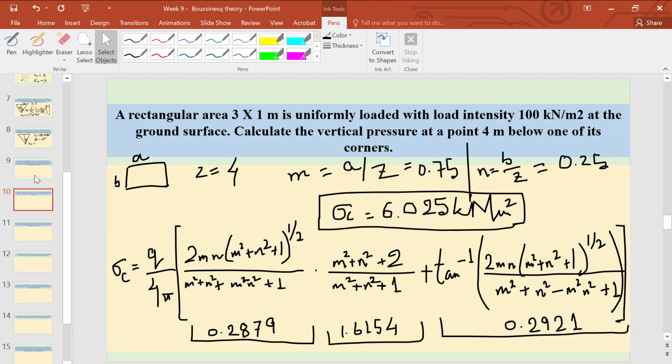Okay, so this file is not saving. Just a moment, let me check. Save as, and just write over here solved.